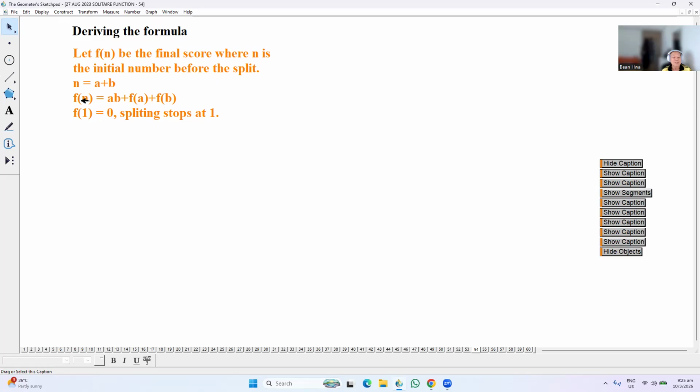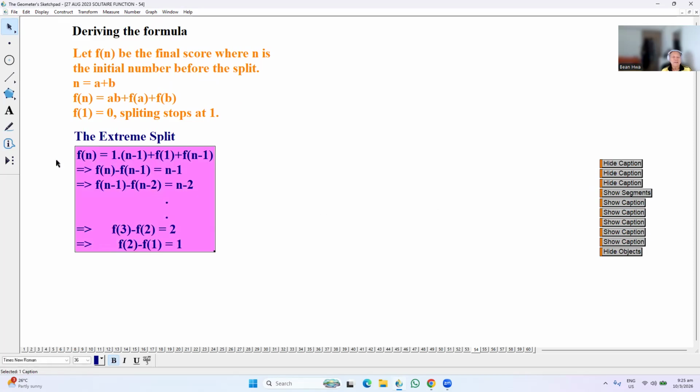You can understand this line is when you split: Fn is the final score. When you split into A and B, then Fa is the final score for A, and Fb the final score for B. The extreme split: F of n, we use the largest and the smallest, so 1 times n minus 1, then F of 1 plus F of n minus 1.